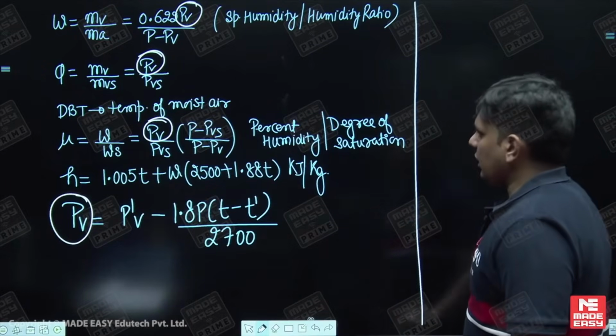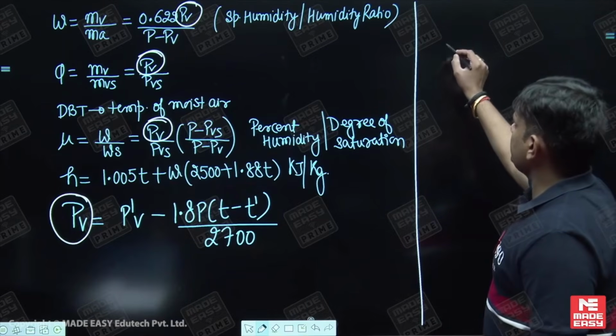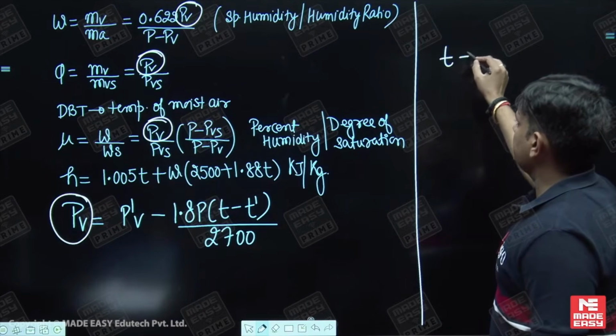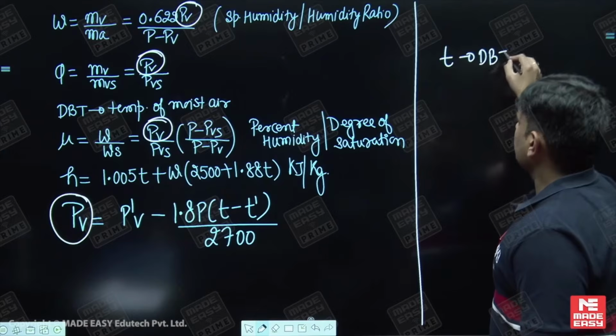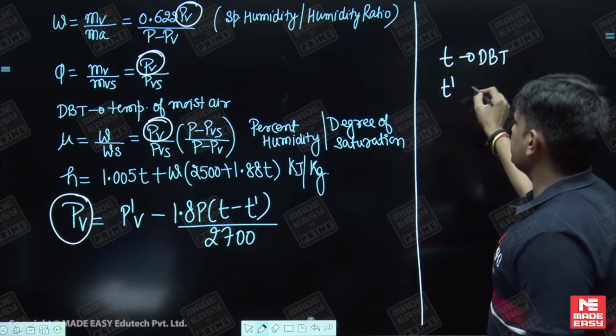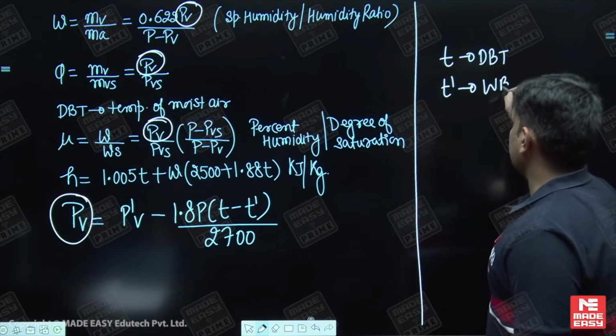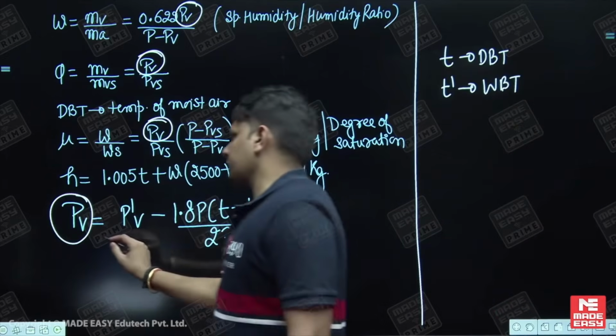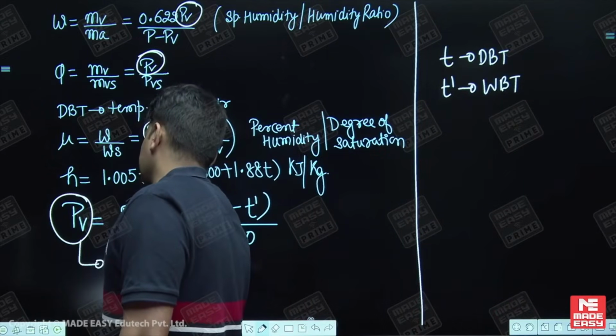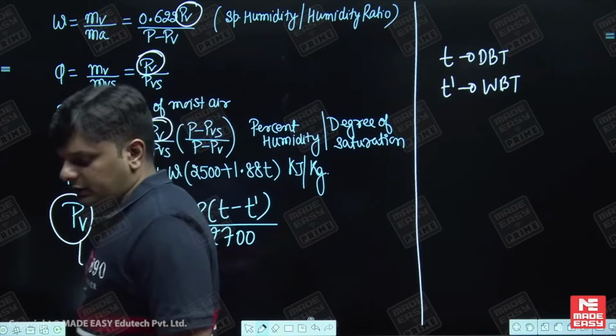Now what do the notations mean? T is the dry bulb temperature, T dash is the wet bulb temperature, and corresponding to this you will get the dew point temperature.